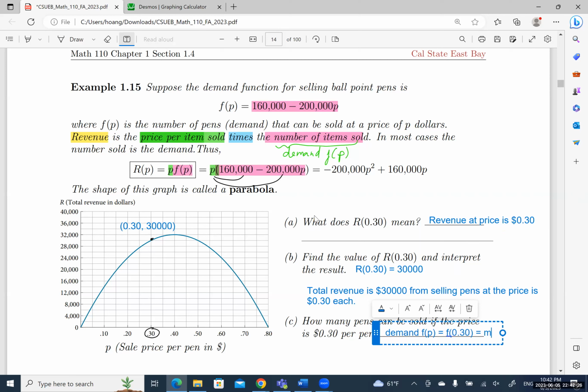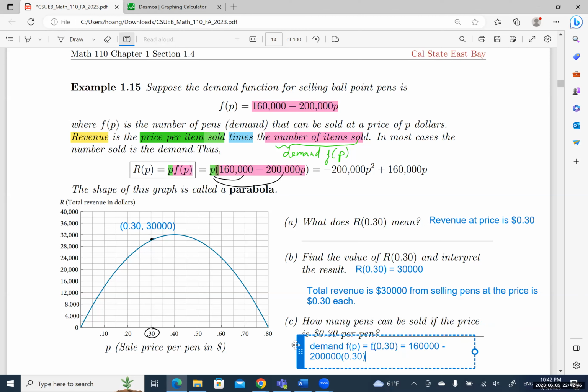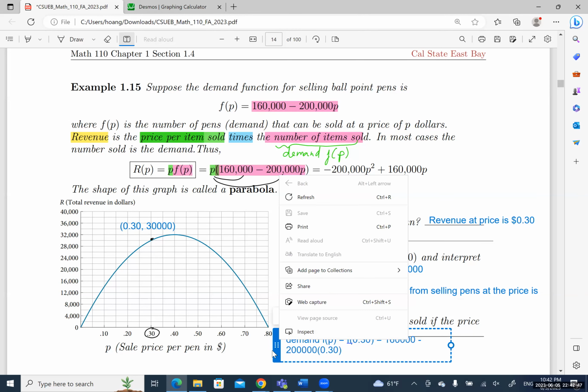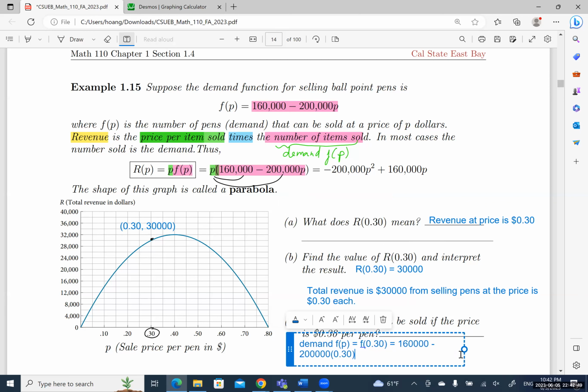So it equals 160,000 minus 200,000 times P, with P being 0.30. I've got to move this down here. Okay, what is that equal to?